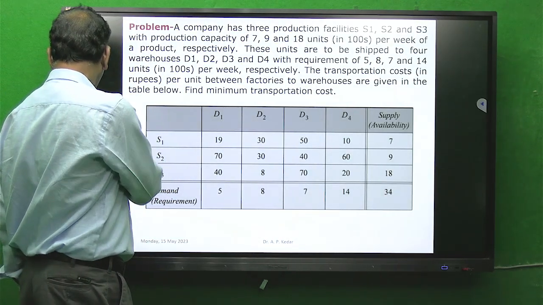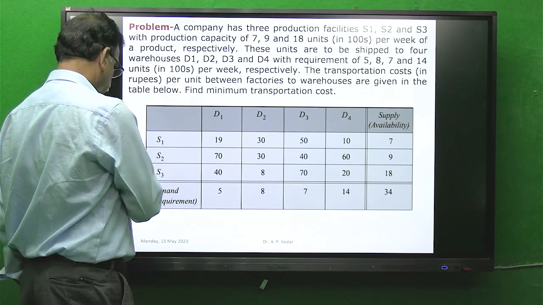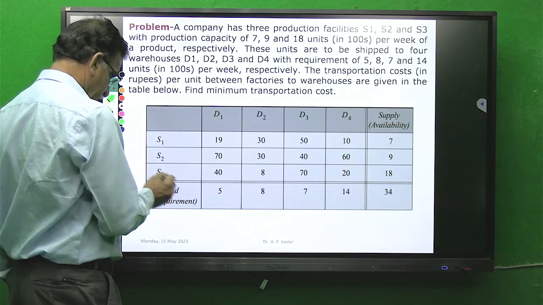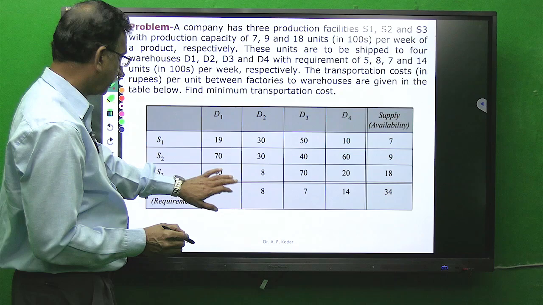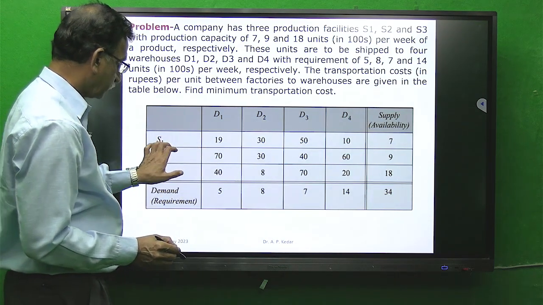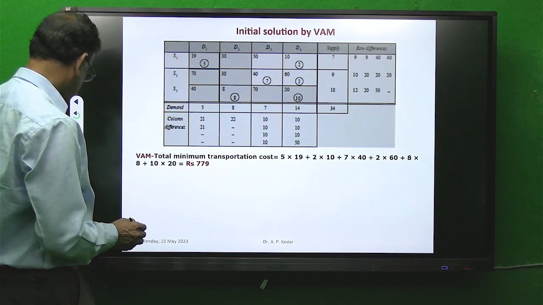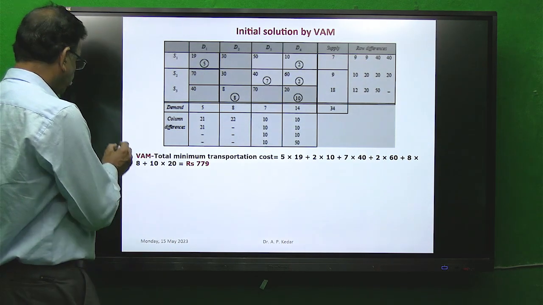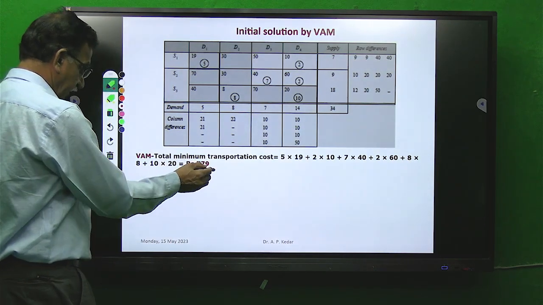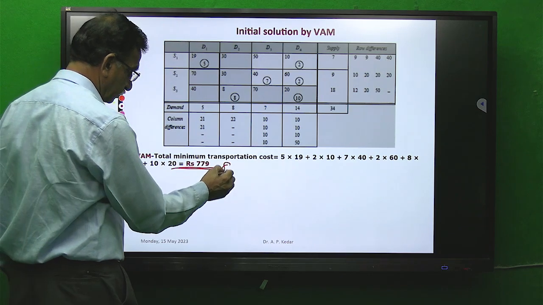Our target is to optimize this particular cost, that is 779.